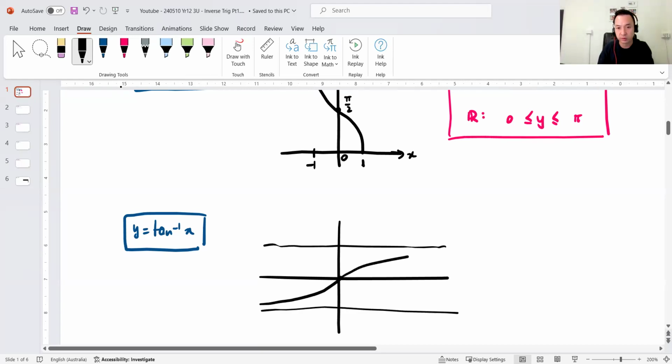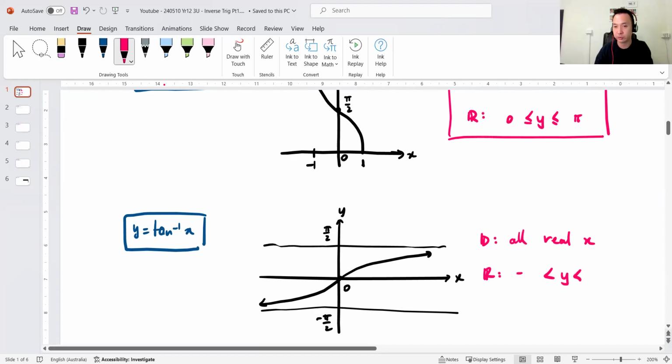It looks a little bit like that, where that's pi on 2, that's negative pi on 2, that's the origin, that's x, and that's y. Which means when it comes to domain and range, the domain is all real x, and the range has asymptotes, so y is capped between, but not equal to, negative pi on 2 and pi on 2.